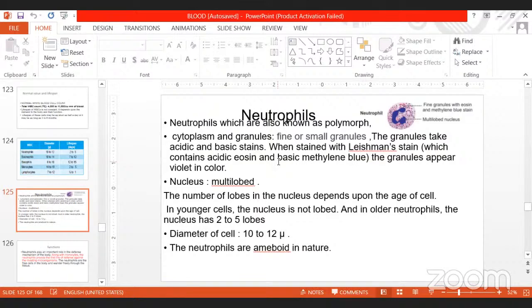Sometimes it won't be lobed, just a crescent-shaped nucleus can be seen. The diameter of the cell is around 10 to 12 micron, and it shows amoeboid movement. That means the neutrophil will move to the area of need in an amoeboid fashion.